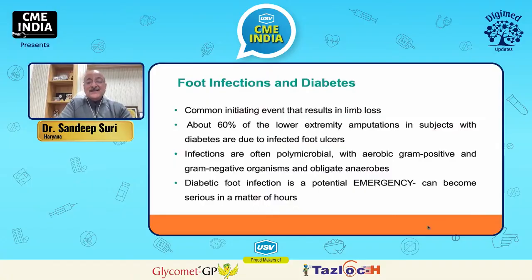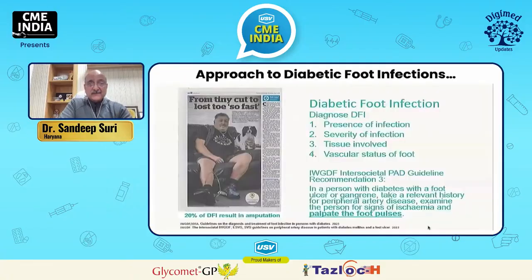You can say that within a few hours, the whole scenario changes. The patient goes into limb threatening to life threatening situations. So things can worsen within days and even hours. So this is very important. We have to be very proactively looking and aggressively treating diabetic foot infections because worsening can happen within a few hours.